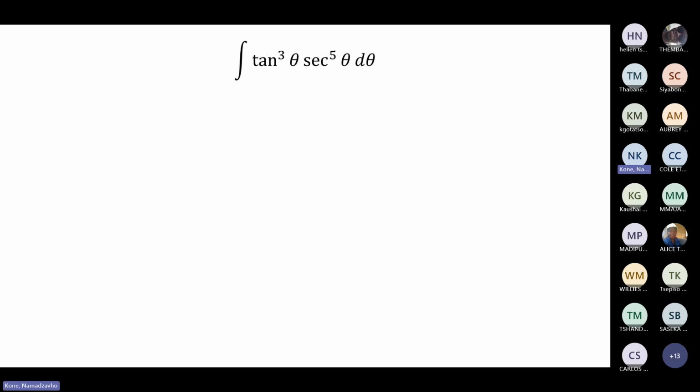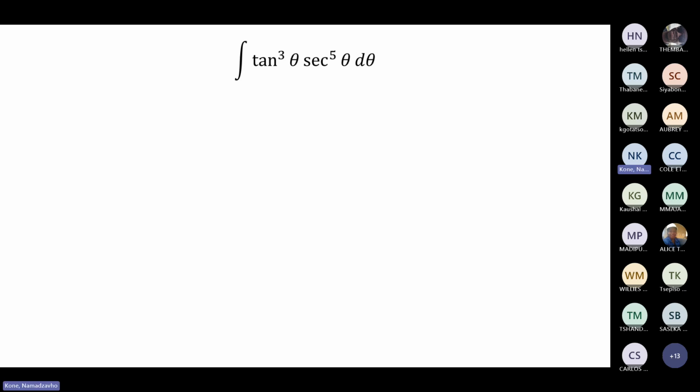Now, I was saying here, the powers are odd. What would be an ideal derivative here to be taken out? Anyone? Would it be sec squared again because it's the derivative of tan? So say we do what you just suggested.